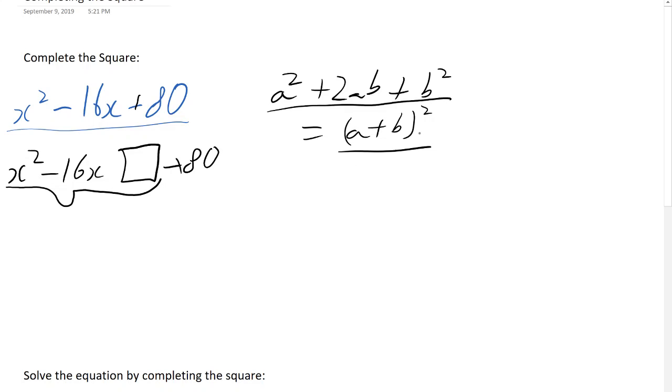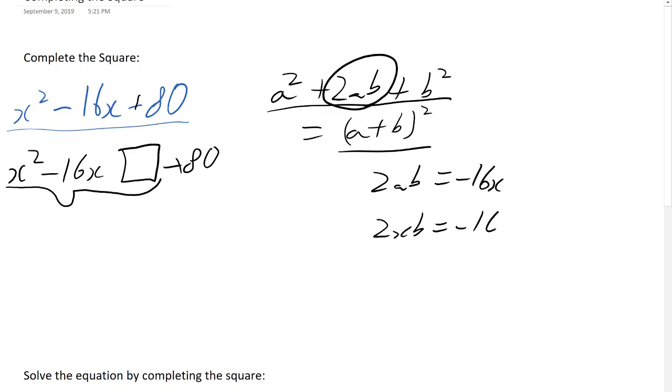So if we look at what we have right here, 2ab. If our a is just x, which we have there, our b we don't know yet because that's what we're looking for. So if we say 2ab equals negative 16x, then to solve for b, it's 2xb equals negative 16x because a is x, and then we get b equals negative 8.